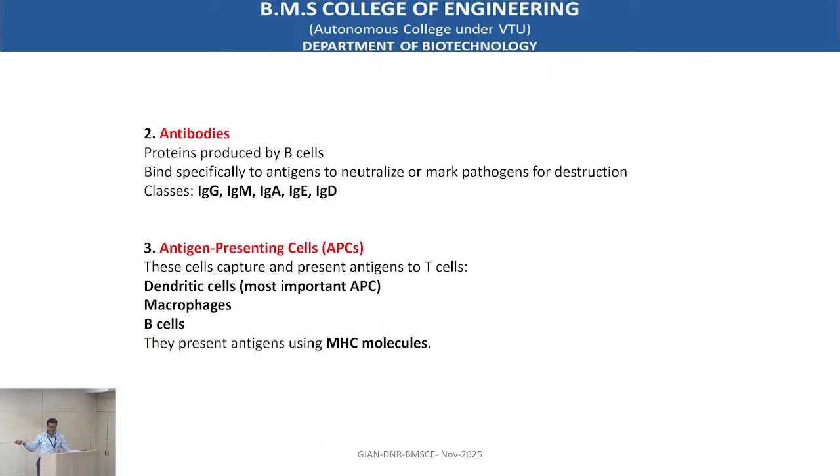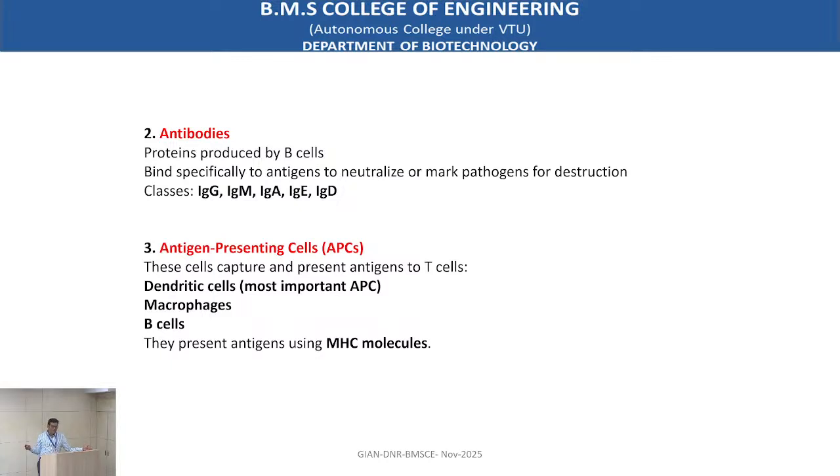Then antibodies. B cells produce antibodies, which tag the antigens derived from the pathogens or cancer cells. Then they are neutralized by other components of the immune system. Then antigen presenting cells take the pathogen inside. We also know the antigen processing pathways, MHC1 and MHC2.